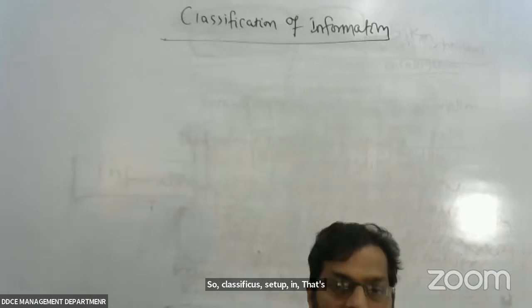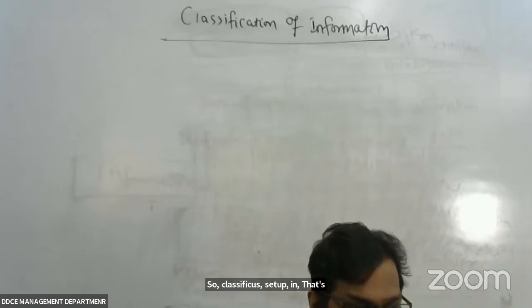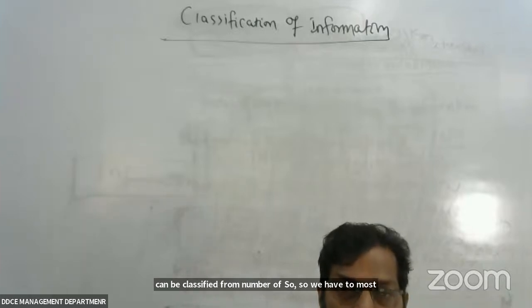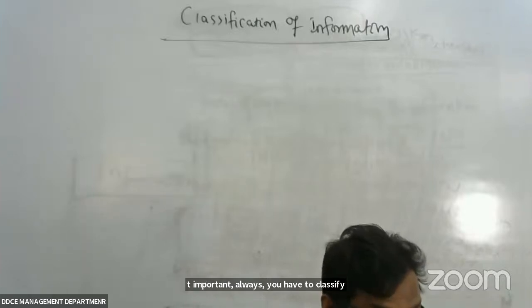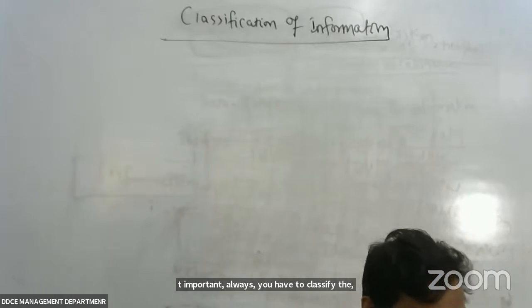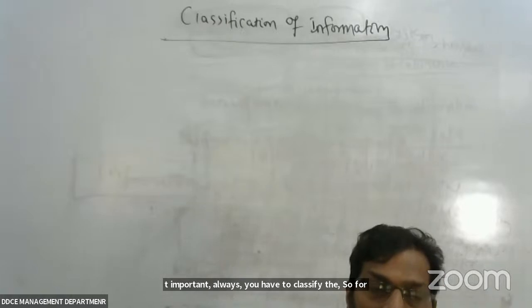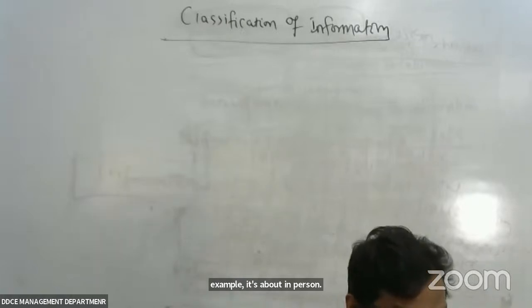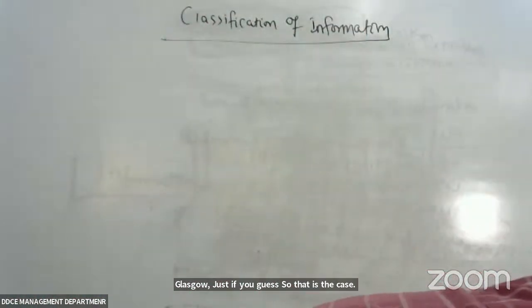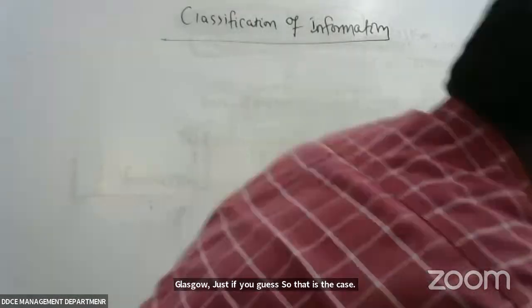Information can be classified in a number of ways, and we have to learn the most important ways to classify it. For example, classification by characteristics and classification by application.